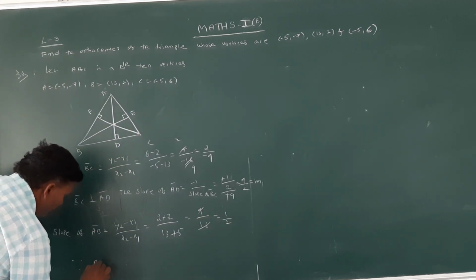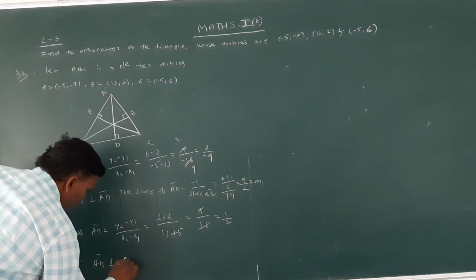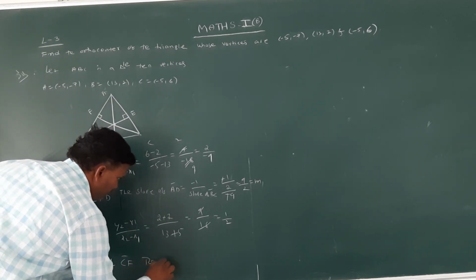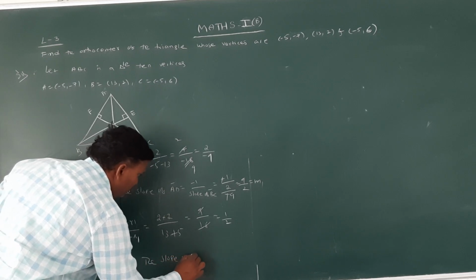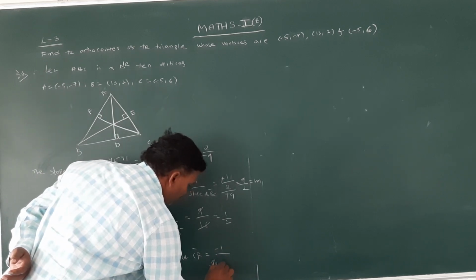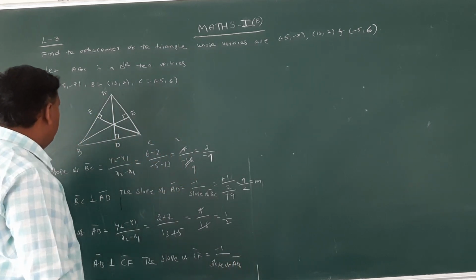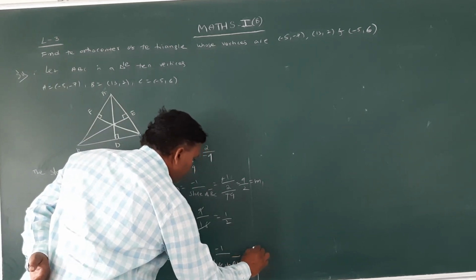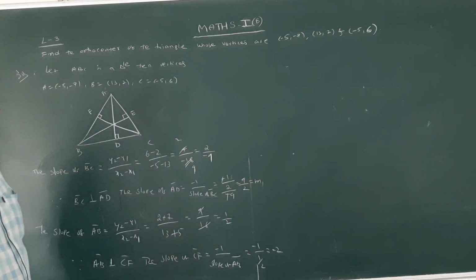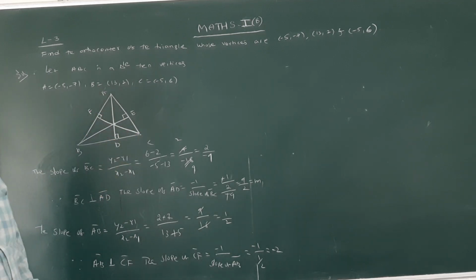Since AB is perpendicular to CF, the slope of CF is equal to minus 1 by the slope of AB, which is minus 1 by 1 by 2, equal to minus 2. Enough, two slopes are sufficient; the slope of AC need not be found.